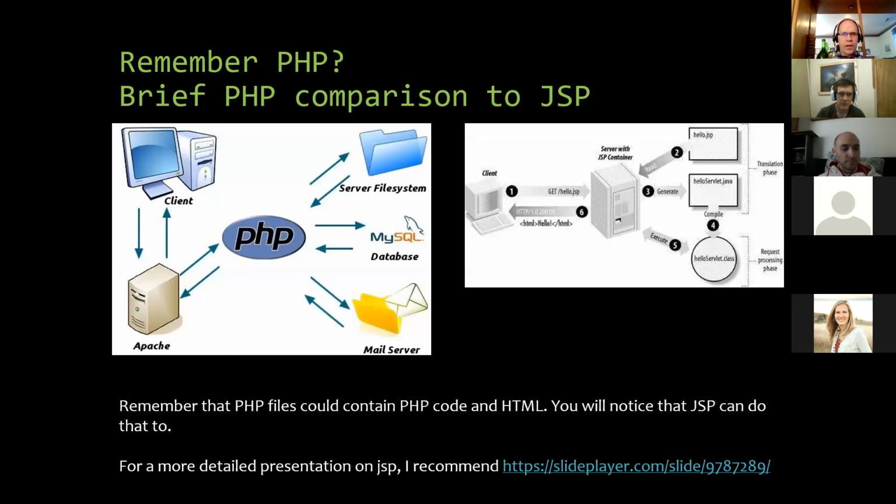diagram on the left shows you've got your client, that's your web browser. It's going to talk to Apache, which is the web server. But with Apache, you can install PHP on top of Apache, and then in your web pages, you can have PHP code mingled in with HTML code.